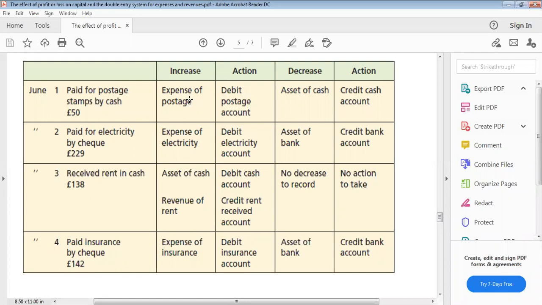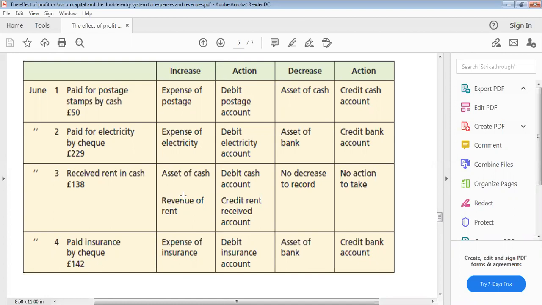Now there's an increase in the asset of cash, and there's also an increase in the revenue of rent.